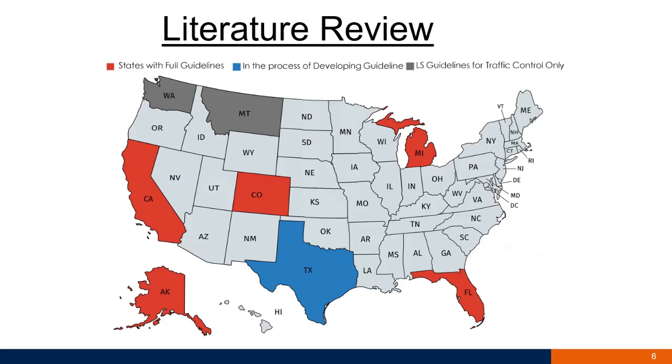We also found that Texas is in the process of developing the guideline. By now, I guess they have probably already developed it. We also found other states, Washington and Montana, that developed guidelines, but only to be used for traffic control projects.